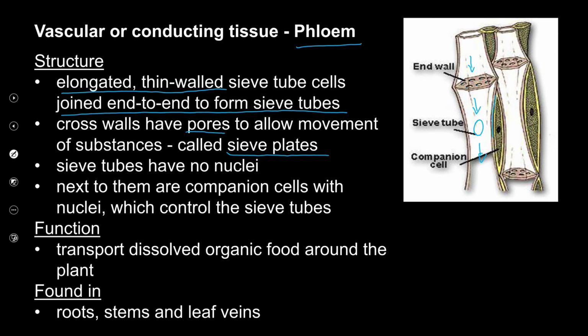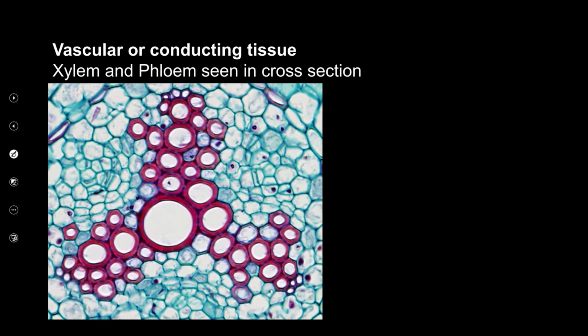What they have is little cells next to them, called companion cells, with nuclei, and the companion cells basically control what is happening in the sieve tube. Their function is to transport food, and of course they would also be found in the same parts, the roots, the stems, and the leaf veins, because the food's got to go back down.